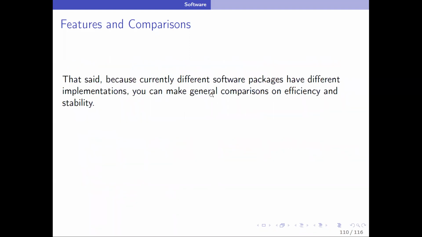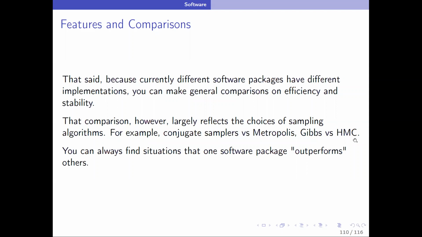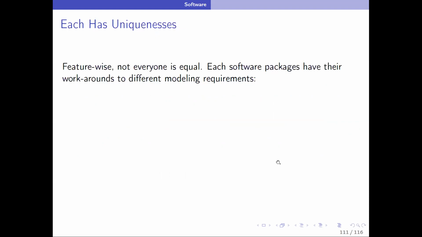Because currently everybody does things slightly differently, you can make general comparisons on efficiency and stability. But I think that comparison largely reflects the choice of sampling algorithm. You are really comparing conjugate sampler versus Metropolis, Gibbs versus Hamiltonian Monte Carlo. Therefore, you can always find a situation where one software package outperforms others.